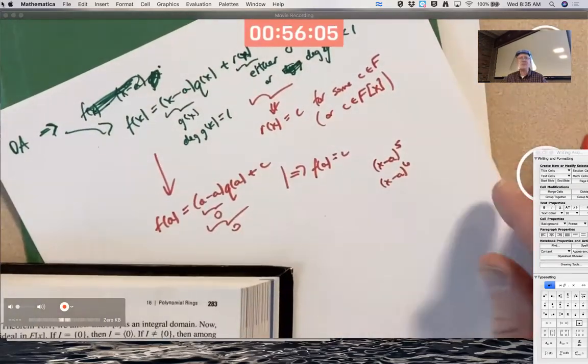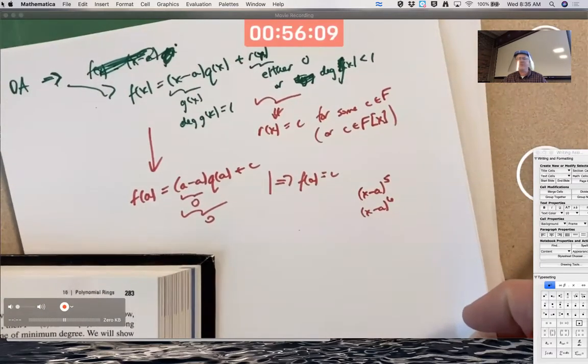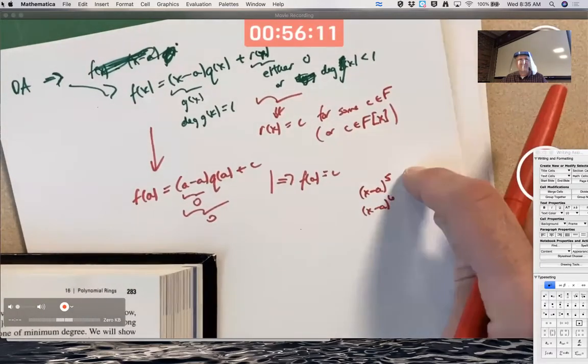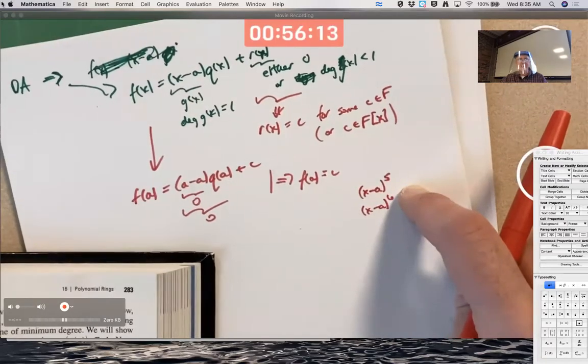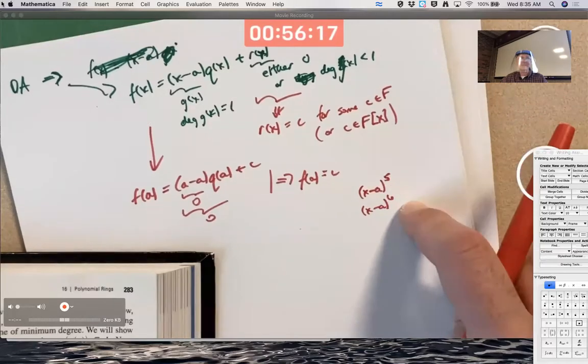That would mean a has multiplicity 5. It would be a root of multiplicity 5. I'm just verbally saying it here without writing it out. If x minus a to the 5th power was a factor of f of x, but x minus a to the 6th power was not.